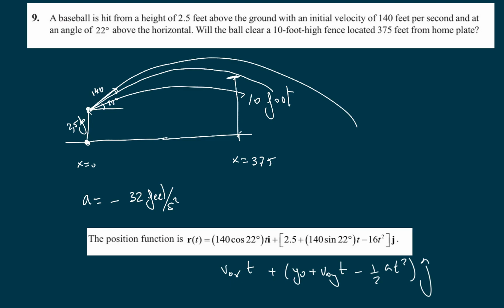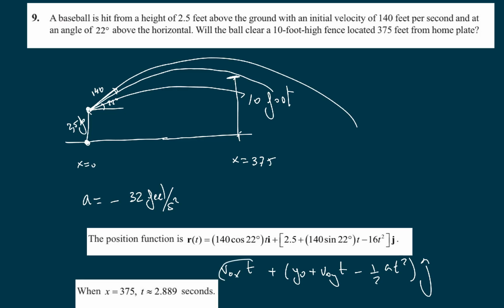So when x is 375, what is the time t? When x is 375, you plug in here, this is the x. The x is 140 cosine of 22 t.